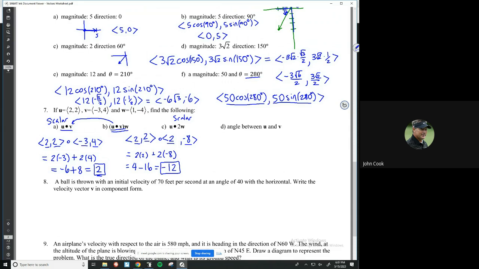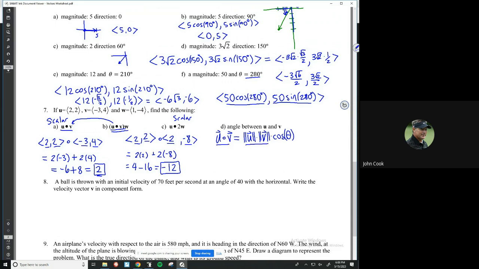Okay, so you start off with the dot product formula, and then that's equal to the magnitudes of the two different vectors multiplied together, because those will just be scalar values, right? And then times the cosine of the angle between them. So what we're looking for is that angle. So here's how we get it. We find the dot product, we find the scalars, and then we just solve for theta.